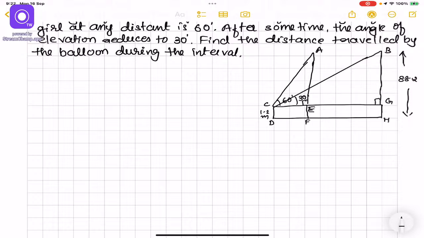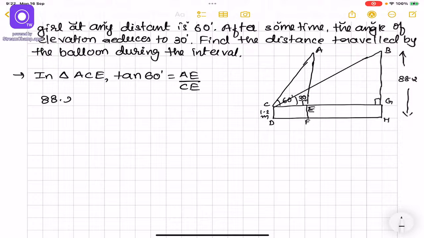Now in triangle ACE, tan 60 degree equals AE upon CE. So 88.2 minus 1.2 upon CE will be root 3. Therefore CE equals root 3 into 29. I have rationalized the denominator, multiplying and then dividing by root 3.